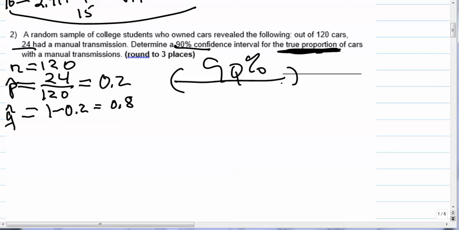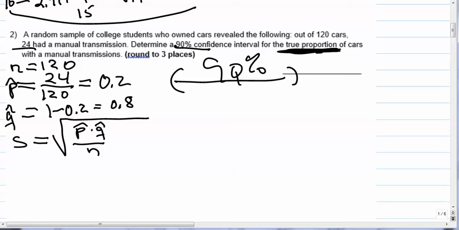particular interval. Now, here I'll just mention that since we're working with a sample, the standard deviation is given by the square root of p hat times q hat divided by n.